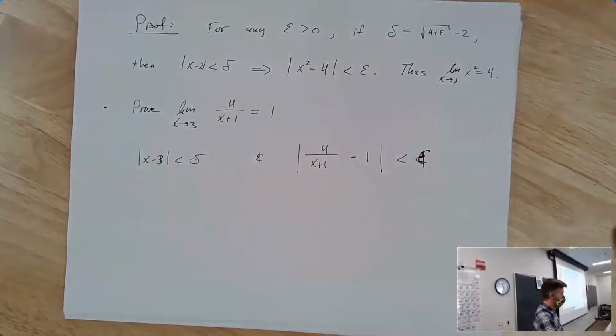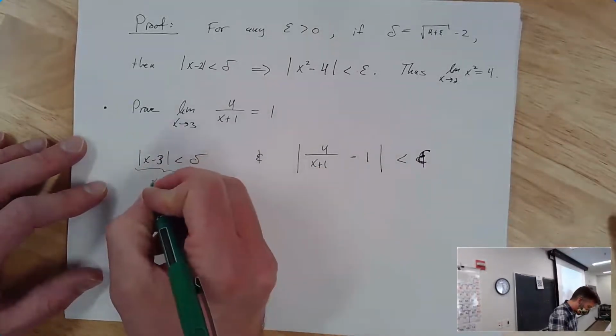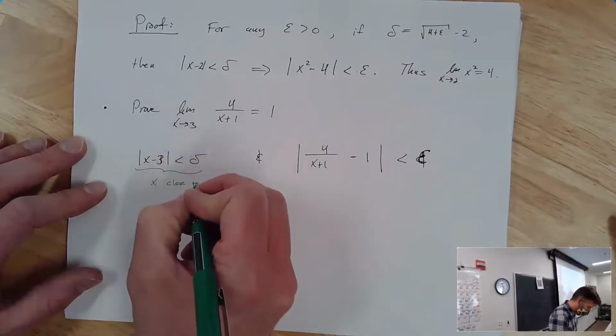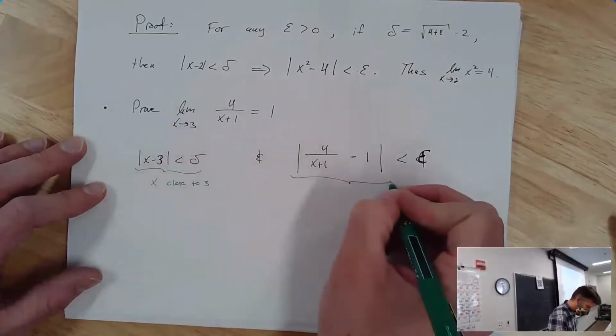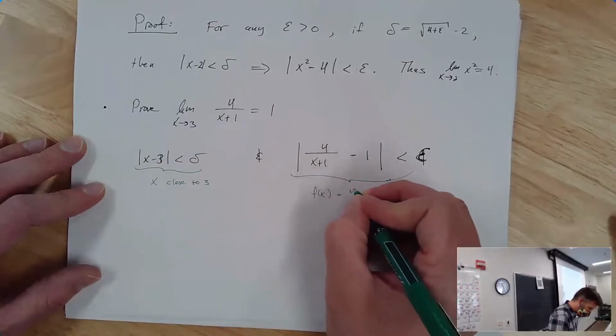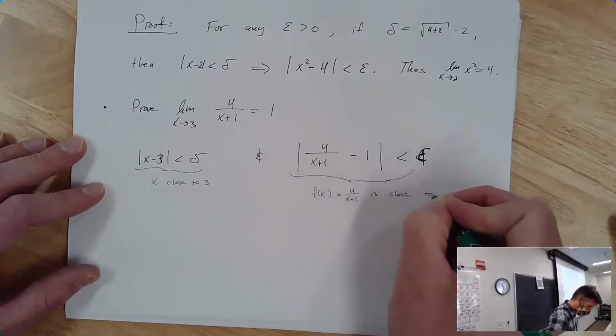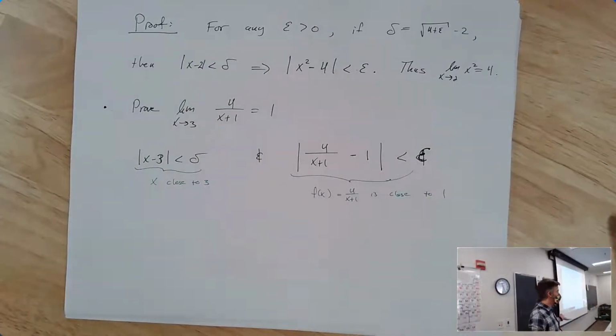This is a reminder: this just says x is close to 3, and this just says f of x equal to 4 over x plus 1 is close to 1. That is all those things are actually saying.